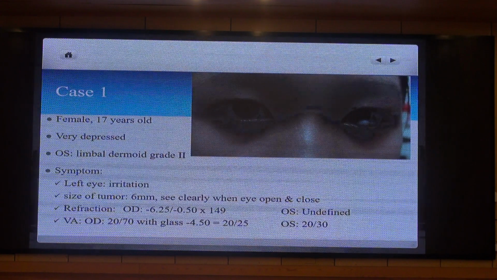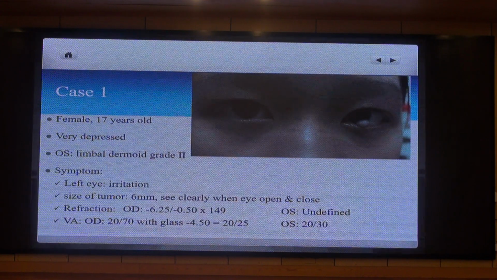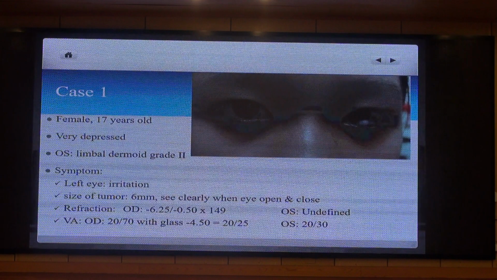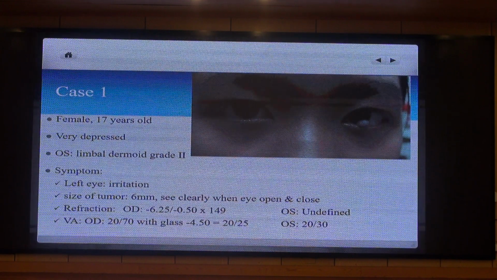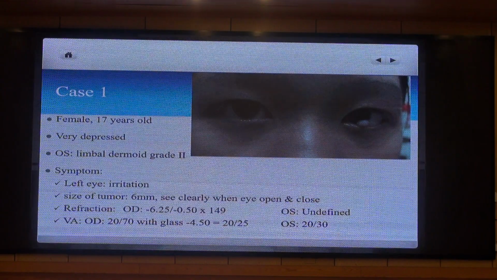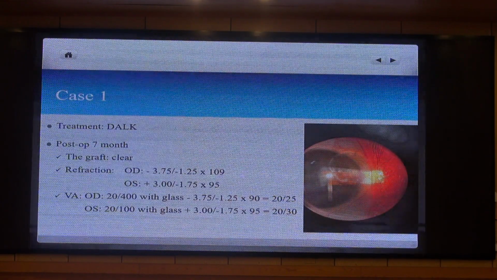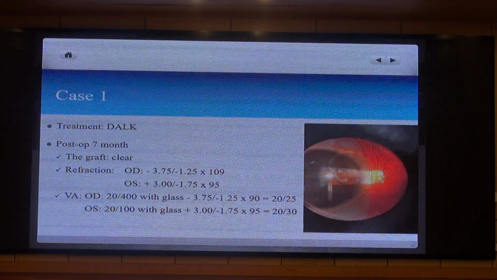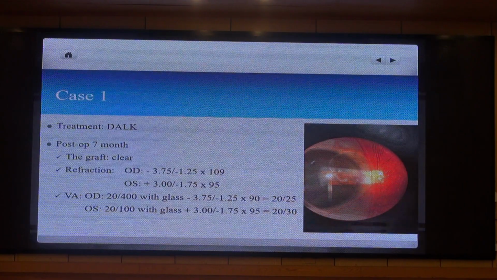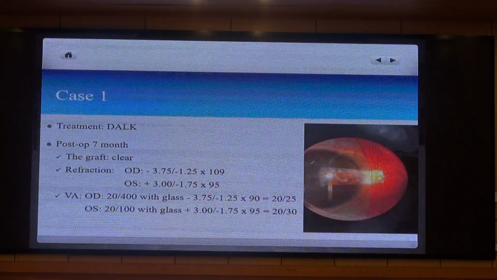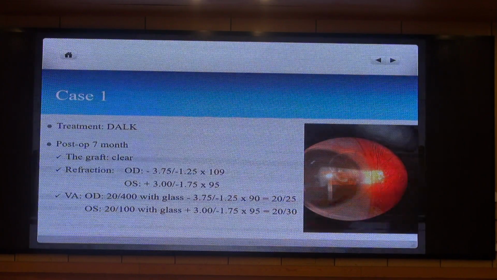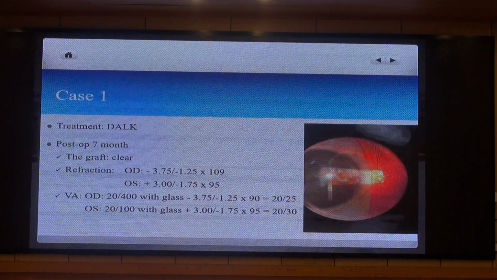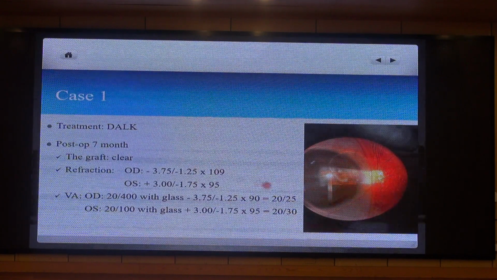Visual acuity in the right eye is 20/70, with glasses 20/25, and in the left eye it is 20/30. And we did DALK, deep anterior lamellar keratoplasty, with a graft from a pre-cut.